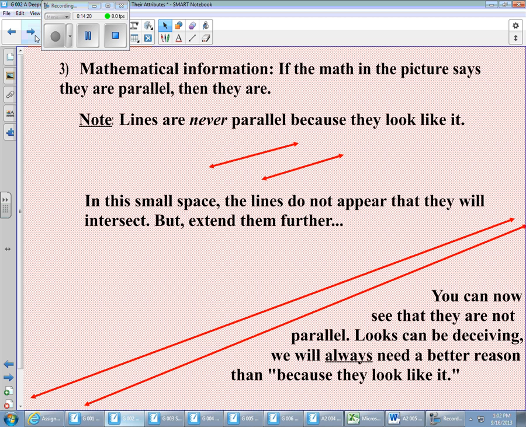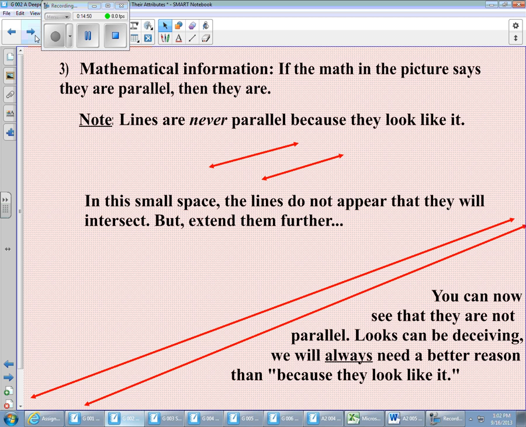And the last thing we said about parallel was to remember that lines are never ever in geometry going to be parallel because they look like it. Unfortunately, it's not just to be difficult on you. It's because the human brain, when we look at angles on paper, cannot tell the difference between an angle and another angle that's off by 1 degree either direction. Our eyes and our brains are just not attuned enough to be able to measure that mentally.